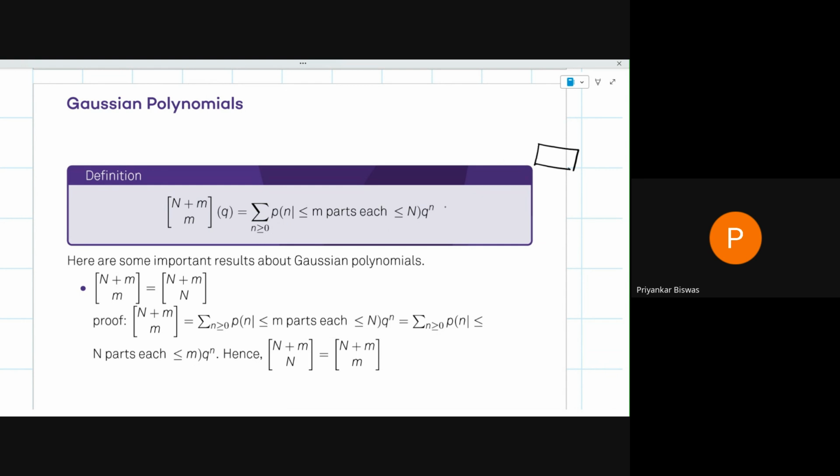If you put q to be 1, then we will get the sum over n greater than or equal to 0 of partitions of n given less than or equal to m parts, each less than or equal to capital N, which is nothing but the number of possible Ferrers graphs in this way, that here are n parts, here is m, and the Ferrers graph is like, say, like this.